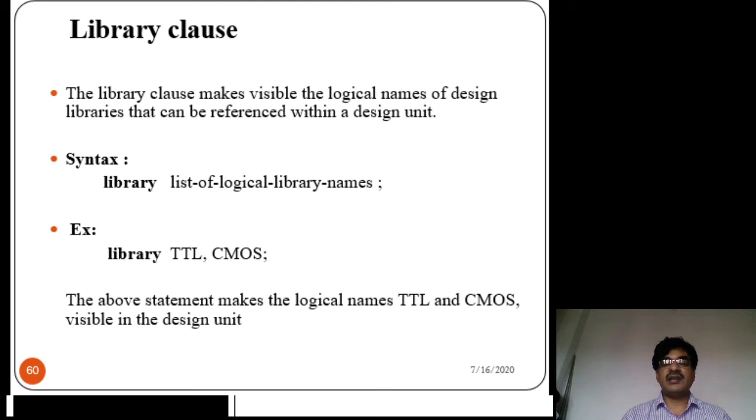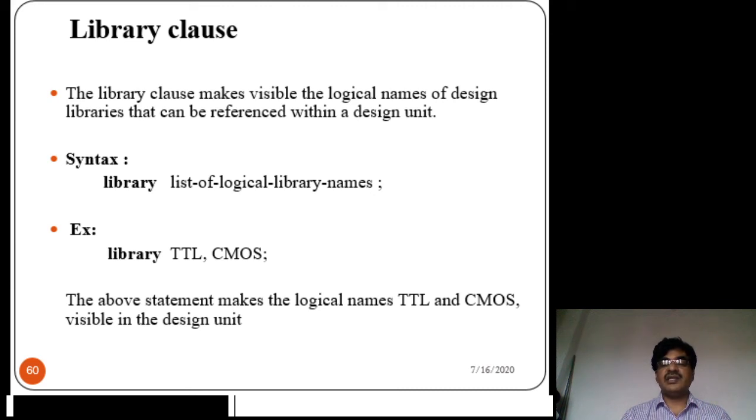Then with the help of the library clause, you can make those libraries visible. So here is one example, library TTL and CMOS. Therefore the TTL and CMOS libraries are visible.